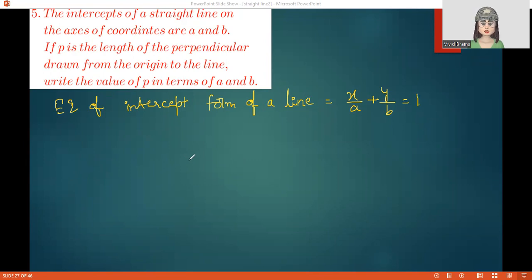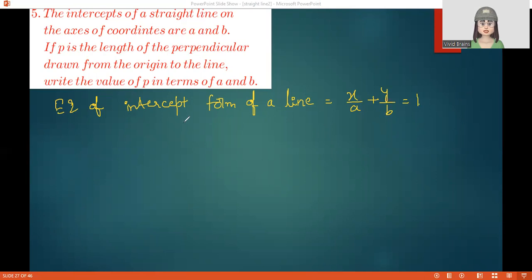Here it is given that P is the length of the perpendicular drawn from the origin to the line.